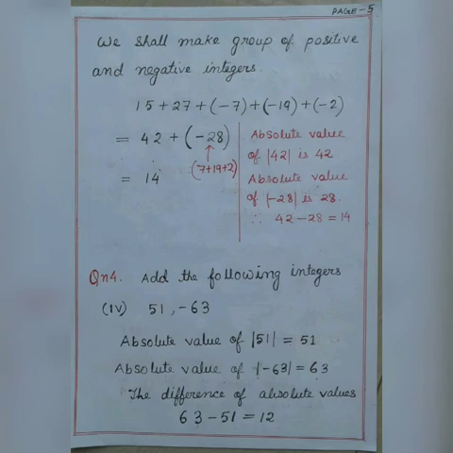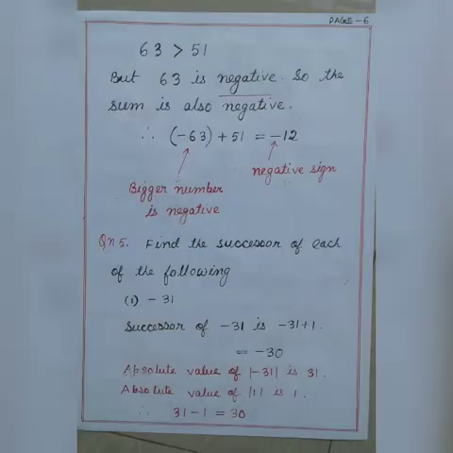We have to find the difference because one number is positive and one number is negative, so we have to follow rule 3. So the difference of absolute values will be the given sum. 63 is greater than 51, but 63 is negative, so the sum is also negative. Therefore, minus 63 plus 51 is minus 12.